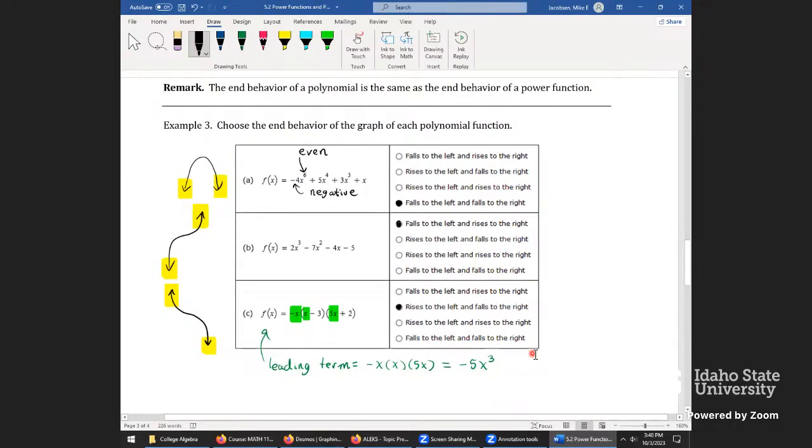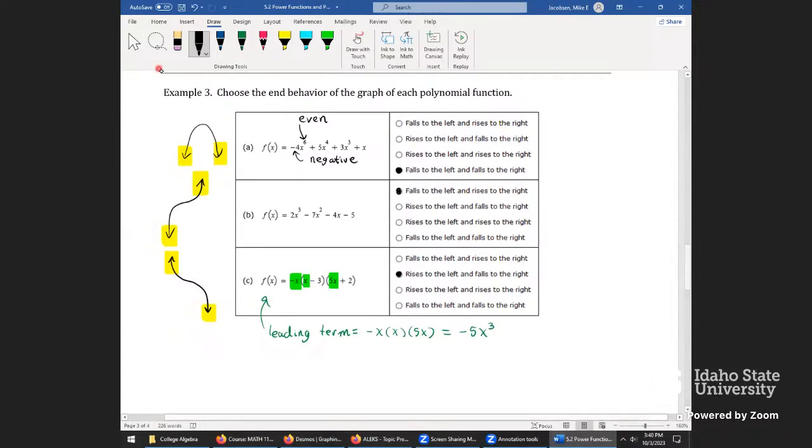Yeah, go ahead. So where do you get the exponent whenever you factor that out? That 3 right there, it would have been this x times this negative x times this x times that 5x there. But if we were to distribute it all out, f of x itself, you could first just distribute negative x into that first group. We would get negative x times the quantity x squared plus 3x, forgot my x, let me put it in, multiplied by 5x plus 2.